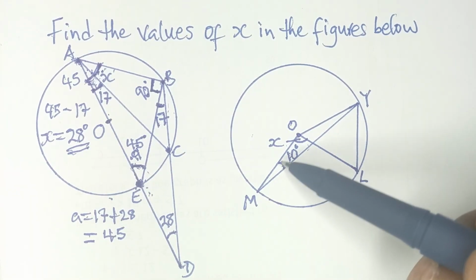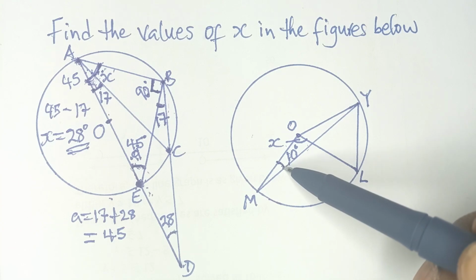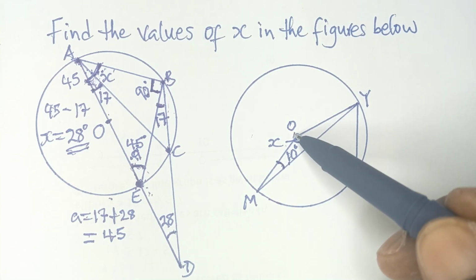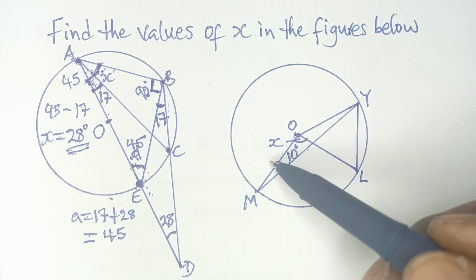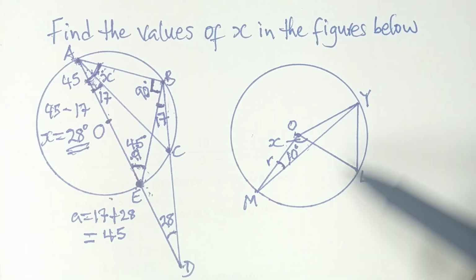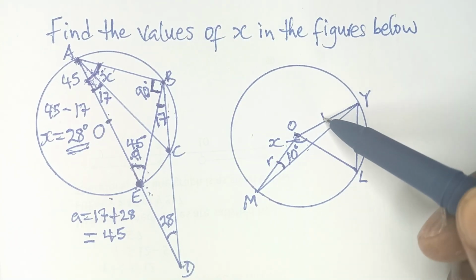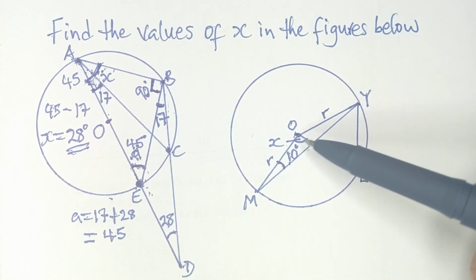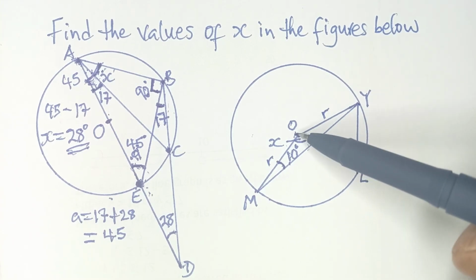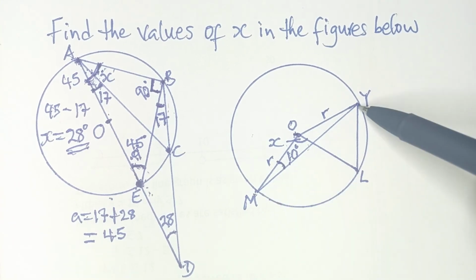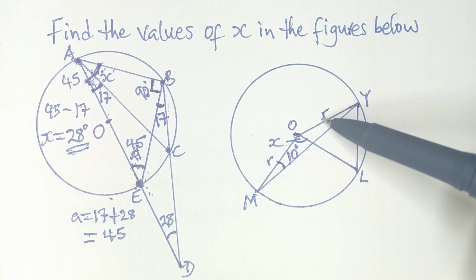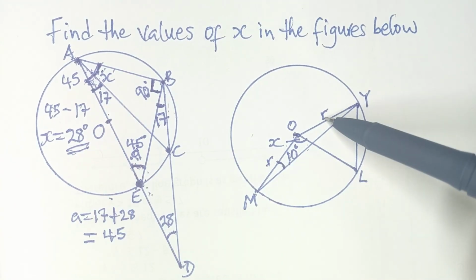If you look at this angle, this is 10 degrees. This line from center to the circumference is a radius. So this is a radius line. Then from center to circumference is also a radius line. So that tells us that this triangle OMY is an isosceles triangle, because two sides are equal already, radius and radius.